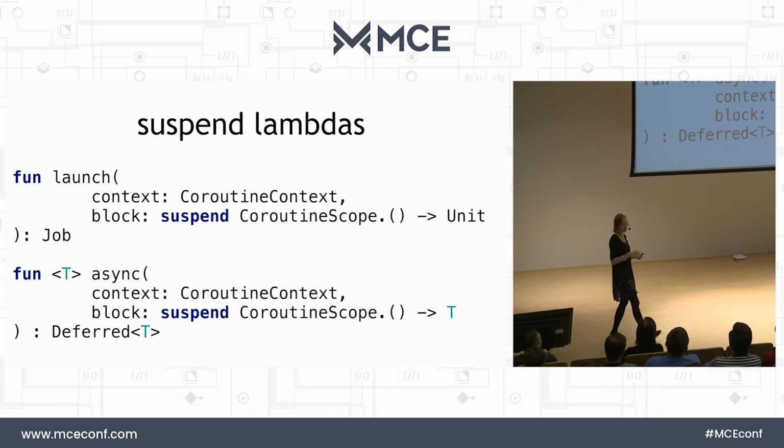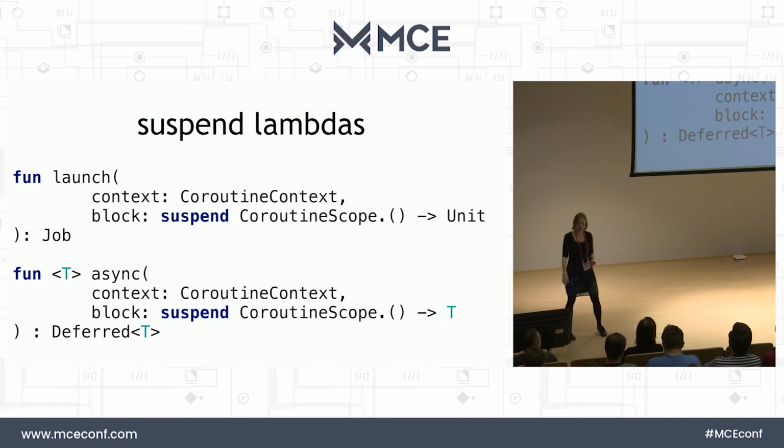There is a high probability that you will write lots of suspend functions, but probably not a lot of functions that take suspend lambdas as arguments, because those are just built-in library constructs that contain all the hidden magic under the hood.